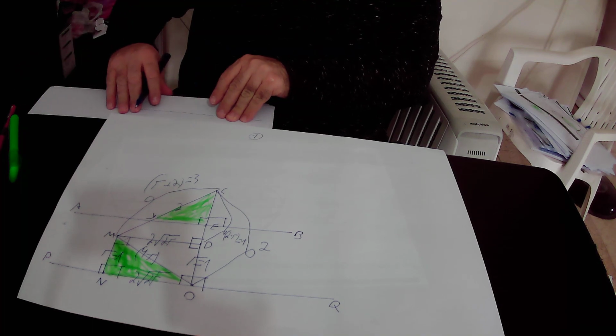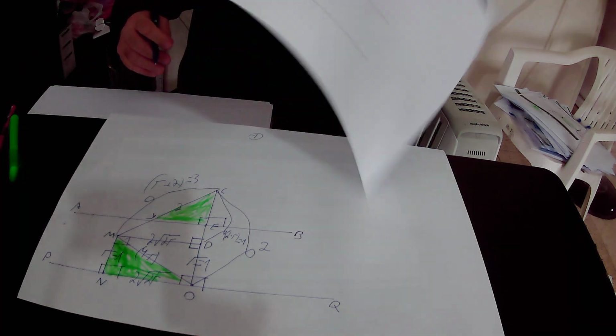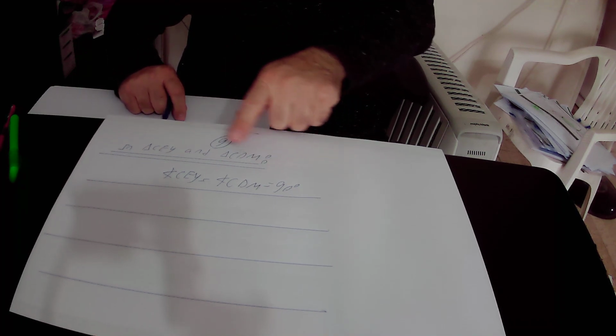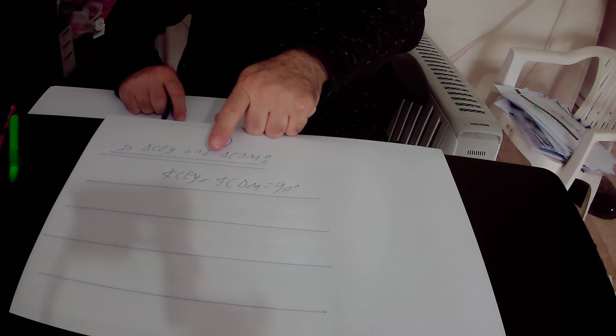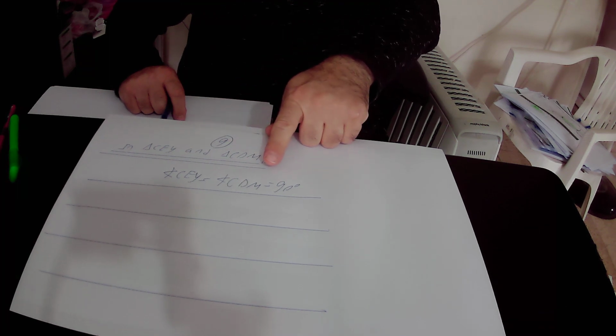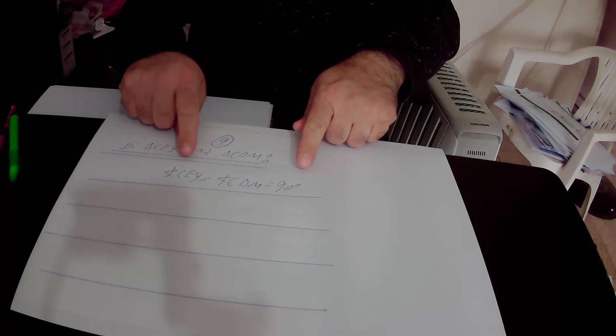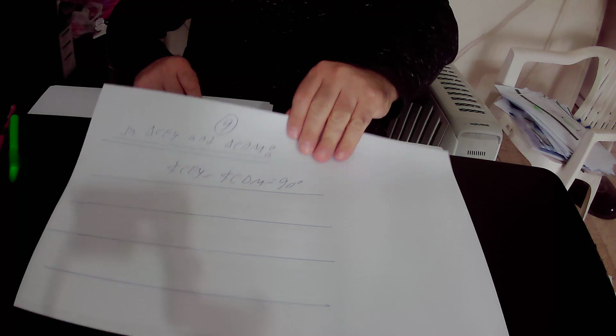I repeat again, angle CEY equals to angle CDM, and both angles are right angles, that is to say they are equal to 90 degrees.